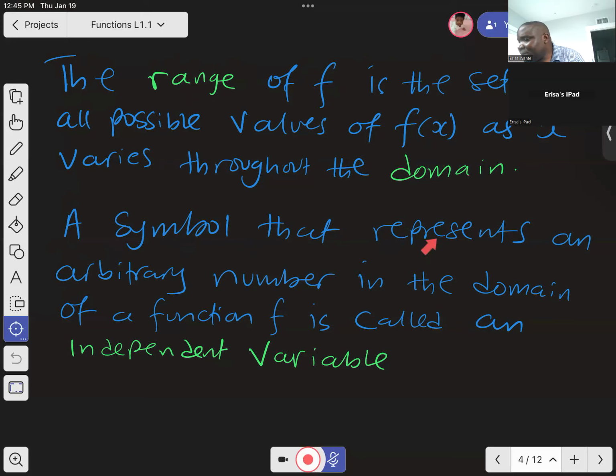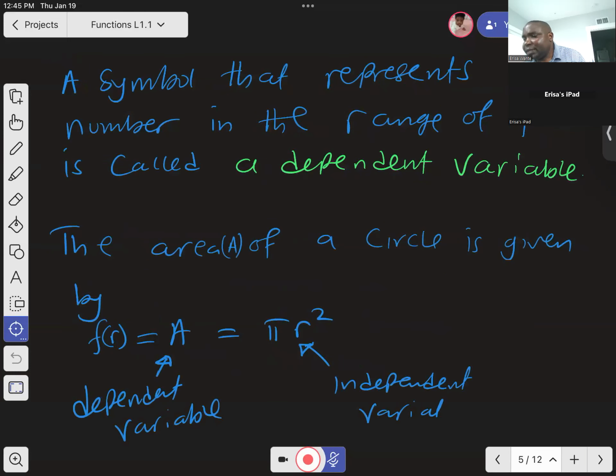A symbol that represents an arbitrary number in the domain of a function f is called an independent variable. An independent variable is that symbol which represents an arbitrary number in the domain of a function f. A symbol that represents a number in the range of f is called a dependent variable.